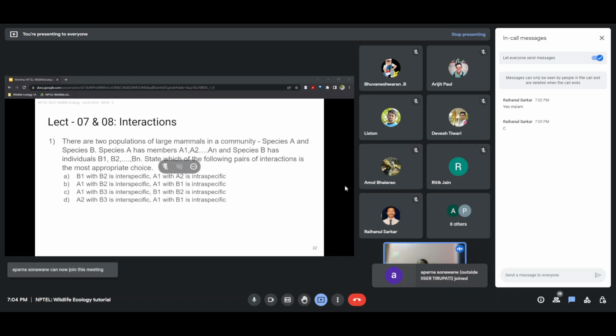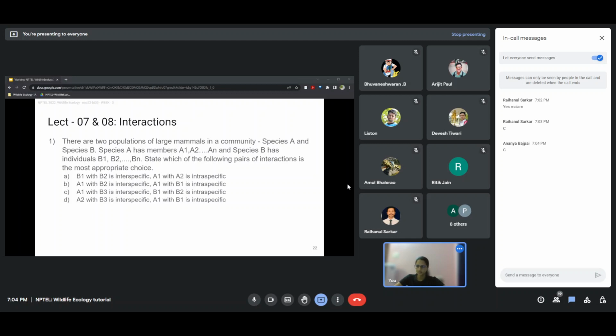Any other choices? Other students? We have about 17 to 18 people in this class.